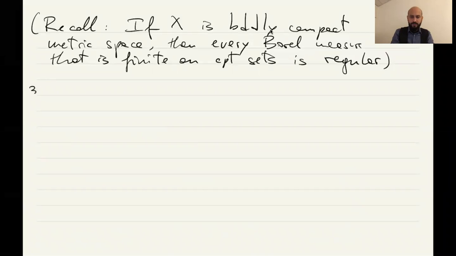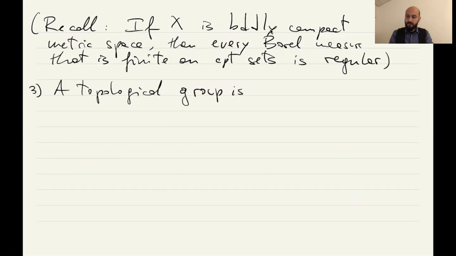Let's continue with the definition. So a topological group is locally compact if, so okay, the first condition is to not have a pathological space, and some authors already include this in the definition of topological space.